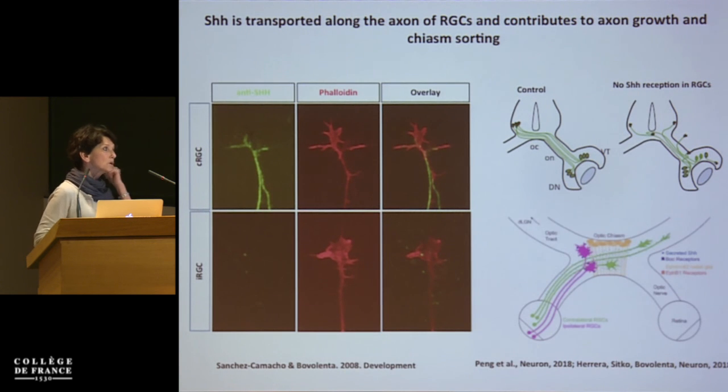Most recently, work from Fred Jaron's lab has proposed that this expression of sonic hedgehog from contralateral projecting axons has an additional function of repelling ipsilateral projecting axons at the midline, so that he proposes that right at the chiasm region, with an unknown mechanism, sonic hedgehog is released from contralateral projecting axons, and this strong expression of sonic hedgehog is received by Boc expressing ipsilateral axons to force them to enter the optic tract.